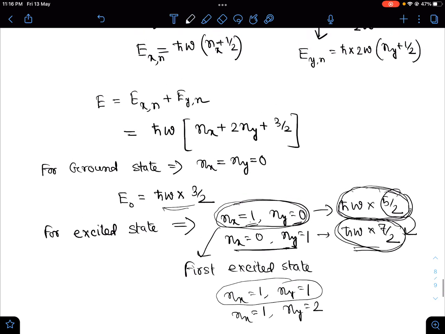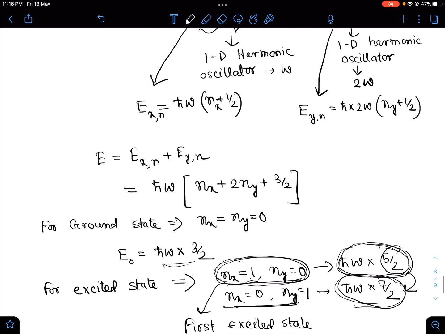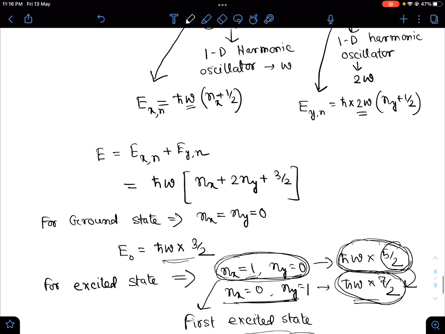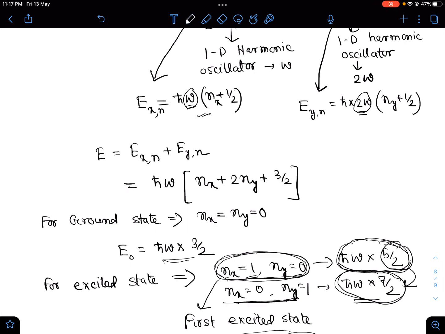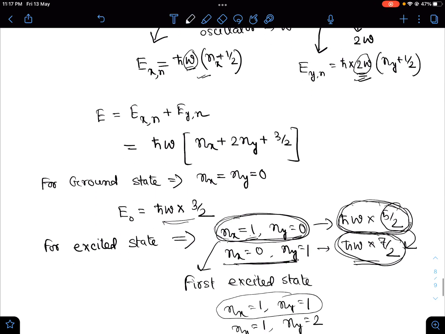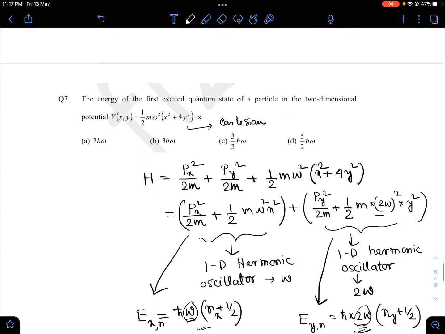There is no symmetry in the energy values, because the natural frequency of oscillation is different for these two harmonic oscillators, for the two different dimensions. In the x dimension we have natural frequency omega, and in the y coordinate we have natural frequency 2 omega.